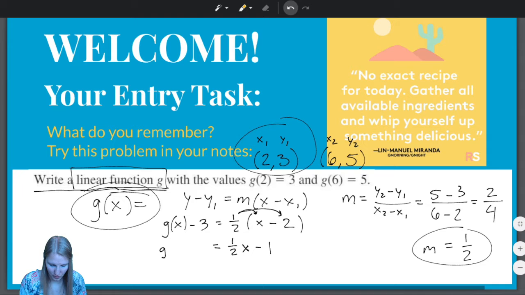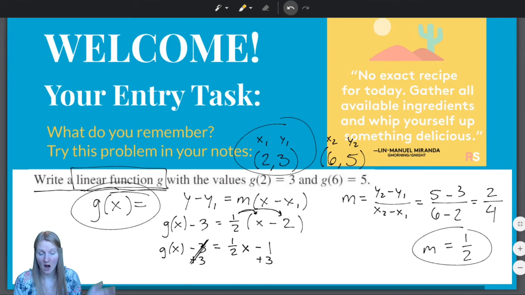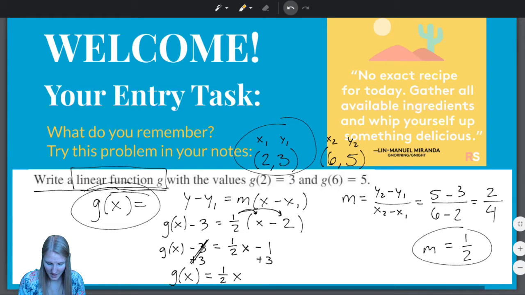So we have g of x minus 3 equals 1/2 x minus 1. Add 3 to both sides, gets rid of the -3 on the left-hand side, and we are left with g of x equals 1/2 x plus 2. Yeah, 3 minus 1 is 2. Perfect. And there you are.